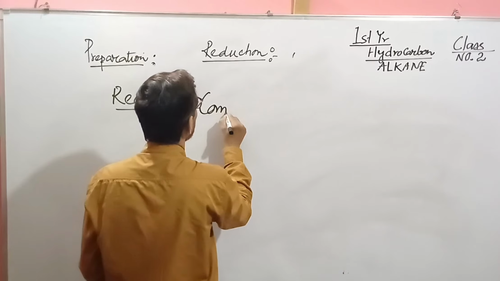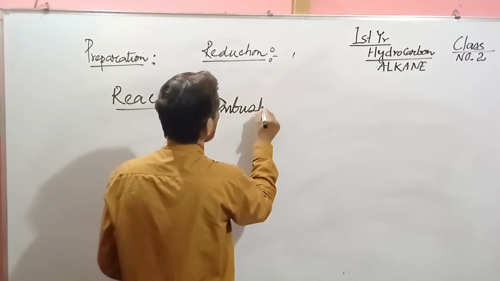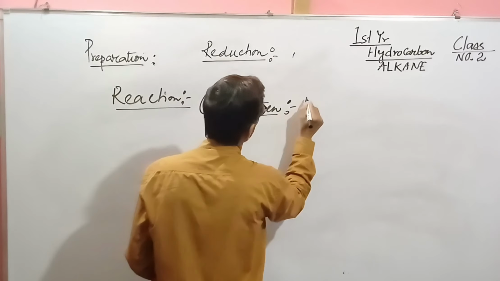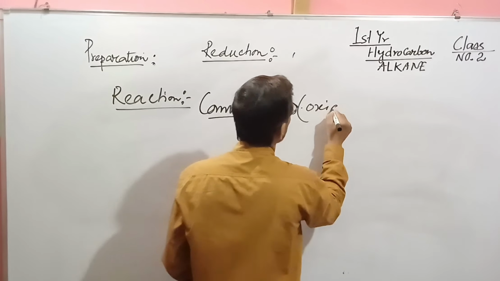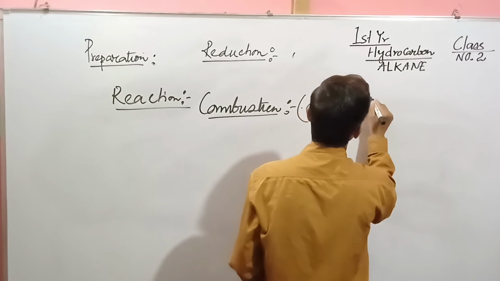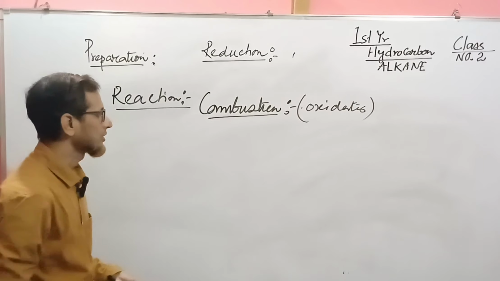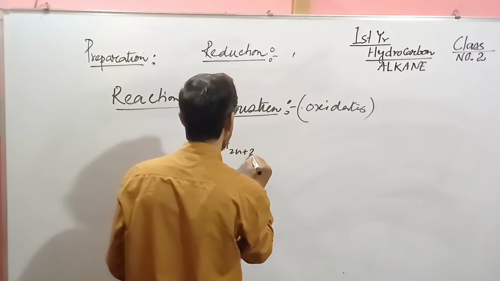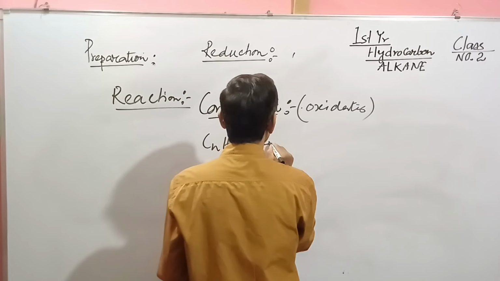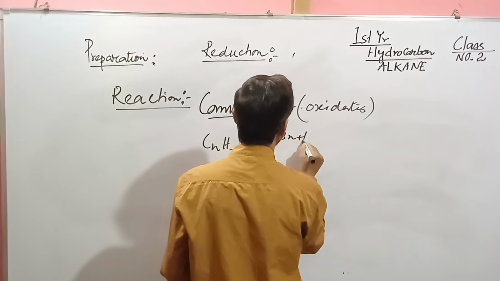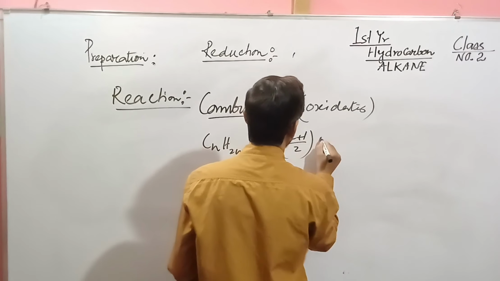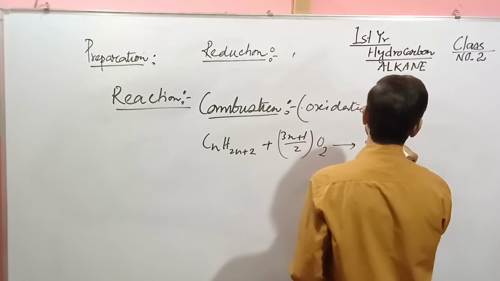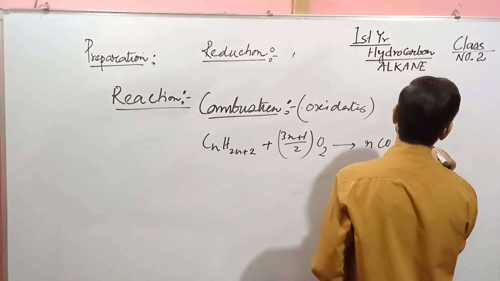Next reaction is combustion. Combustion means to burn something in the presence of air, means oxygen, and it is oxidation also. This reaction is called oxidation. What is the general formula of alkane? I am showing you what happens if combustion is made.